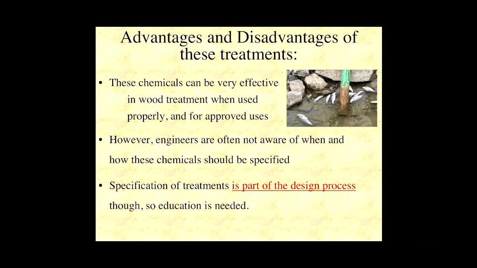Specification of treatment is part of the design process. So if you are doing any of those things and not thinking to the end, gee, am I designing an exterior use product or a product that would get used in a situation where it may get wet at all? If you are not thinking that my adhesive is going to have to be compatible with something that protects the wood, my fastener is going to have to be compatible with something to protect the wood.